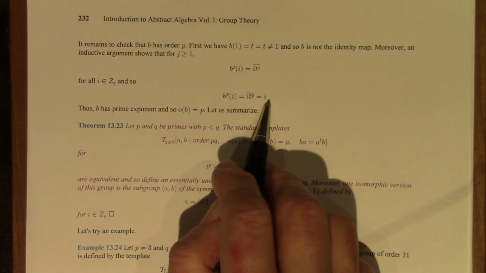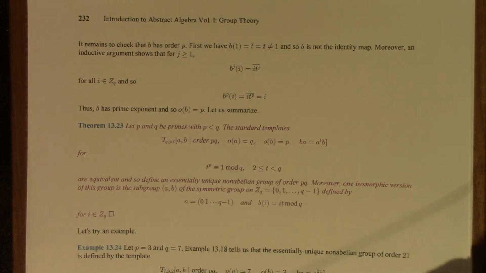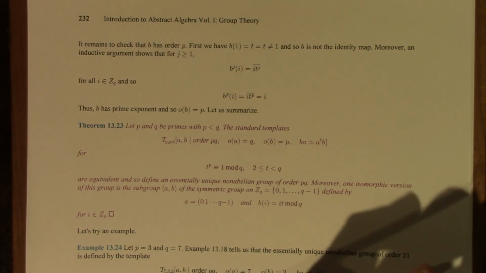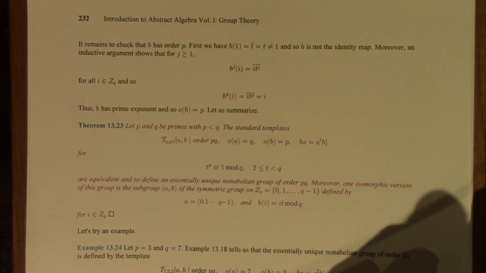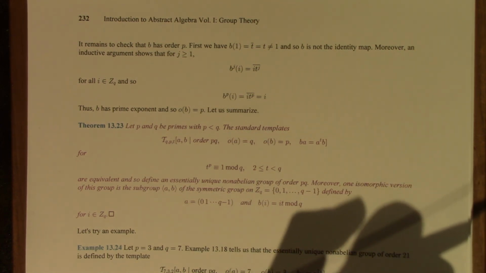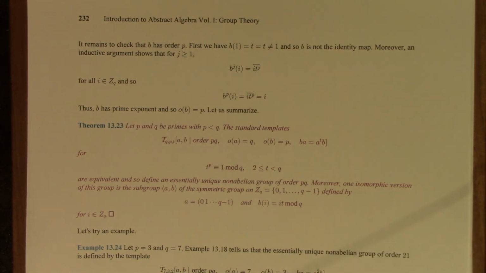We get I. So B to the P is the identity map. So B has exponent P, but P is prime, so the order of B has to divide P. B is not the identity, so the order is not 1. Therefore, the order is, in fact, P.